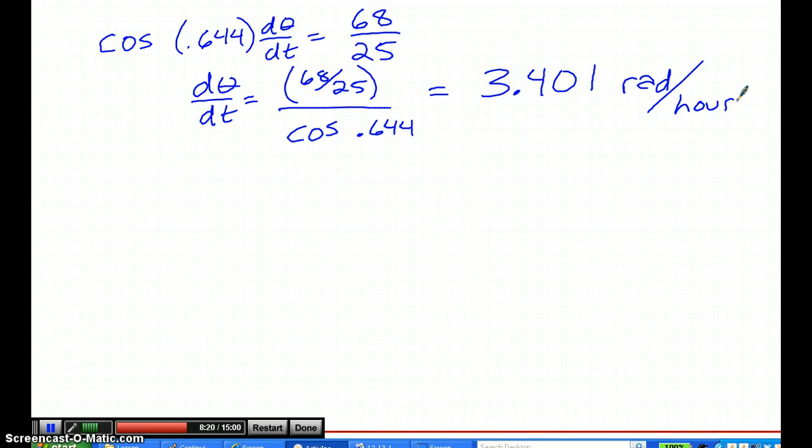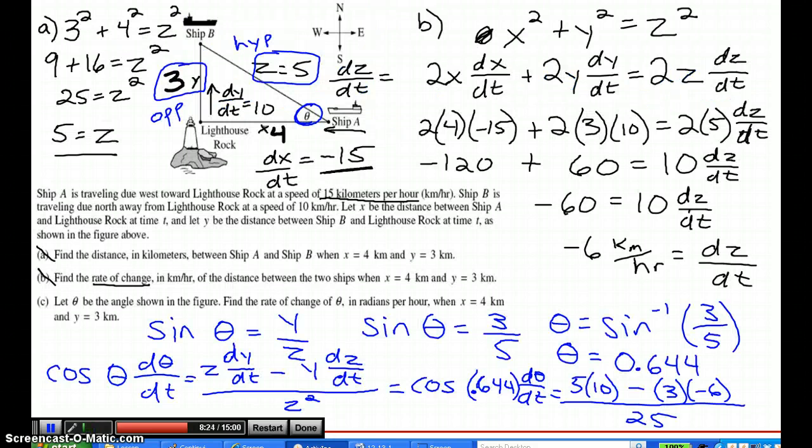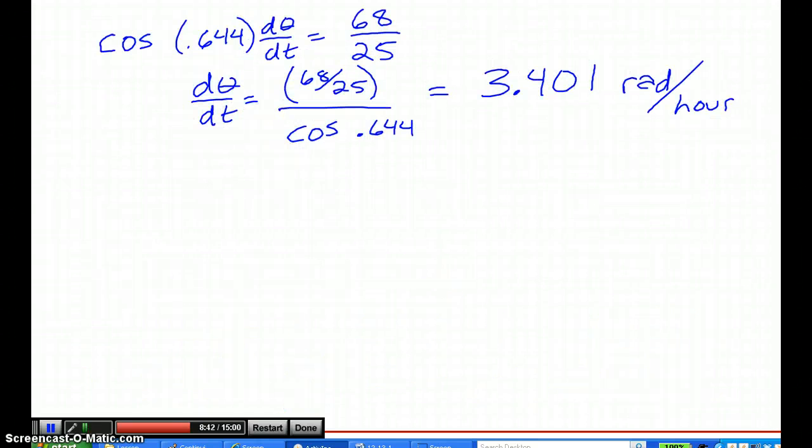Does that make sense? Well, yeah, because ship A is moving in and ship B is moving out. So as that line changes, it's going to get steeper and steeper, so that theta is getting bigger. All right, and make sure we have our label, radians per hour, and we're good to go.